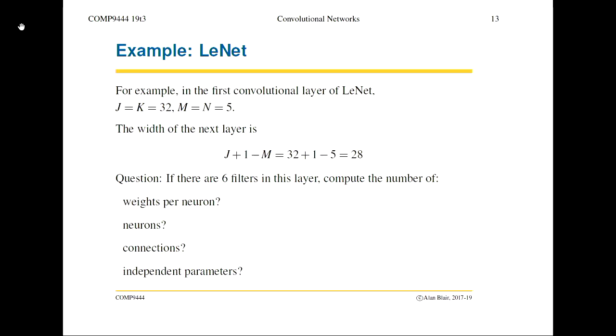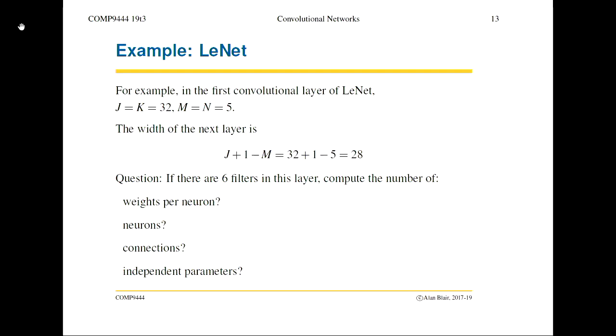So here's another example. Probably the very first network of this type was used in 1998, and there was a guy called Yann LeCun who pioneered this, and I think because of his name being LeCun, it was called LeNet, the LeNet architecture.